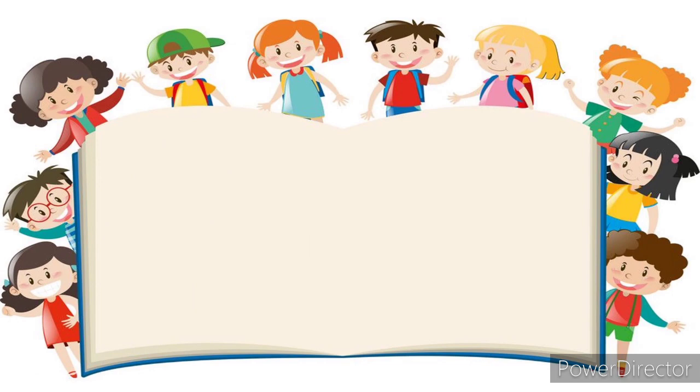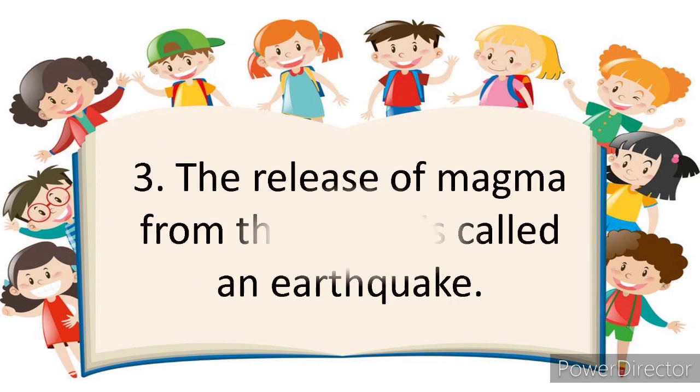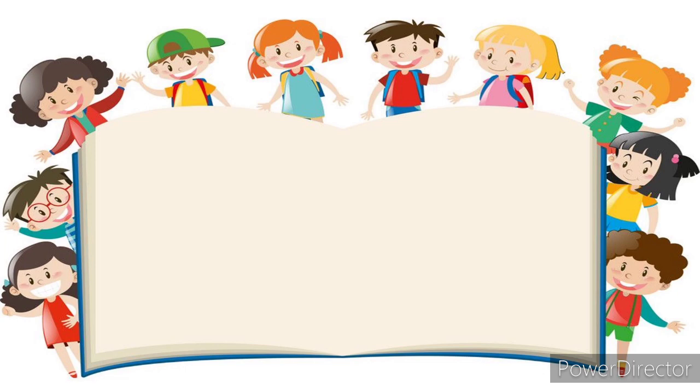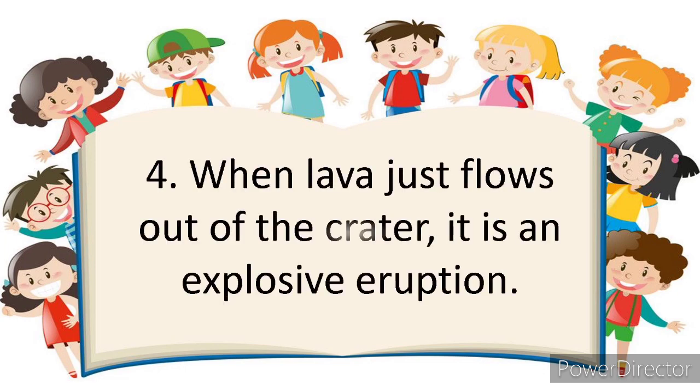Let's proceed to number 3. The release of magma from the crater is called an earthquake. What do you think is the answer? Fact or bluff? Number 4. When lava just flows out of the crater, it is an explosive eruption.